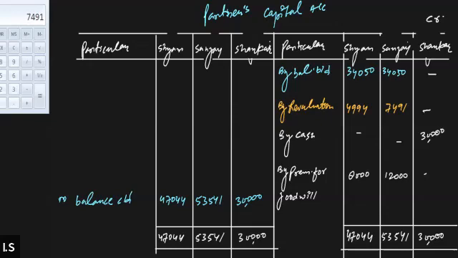Just take your time. Let me know whether both sides of the balance sheet are tallying or not. Understood? Yes, sir. I want both of you to prepare the balance sheet of the question.